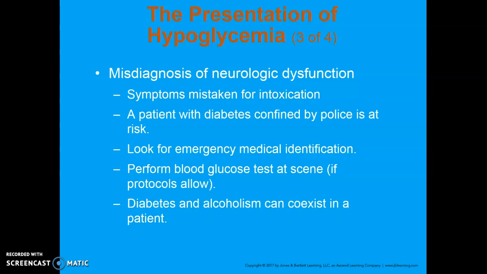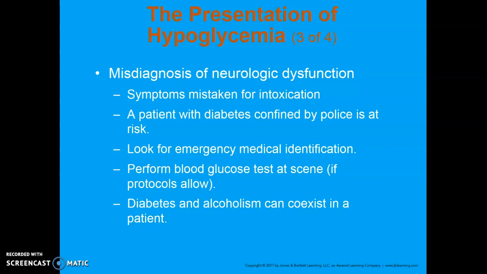If we end up just sending them with police, they could go downhill very, very quickly. Always try and look for an emergency medical identification bracelet on somebody that is definitely not neurologically with it. If you can perform a finger stick blood glucose at scene, you should do that.